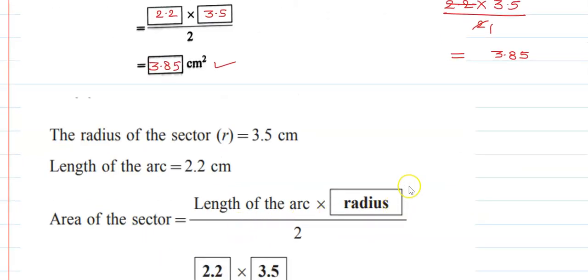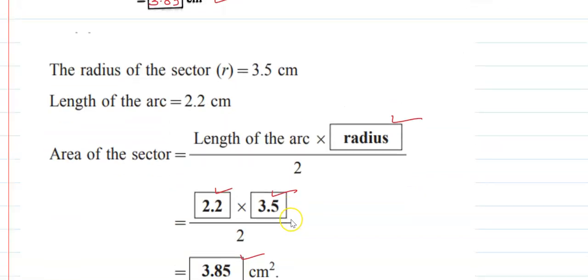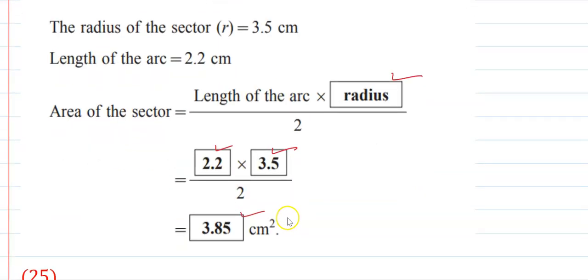Okay, same thing is here. This is the radius 2.2, 3.5, 3.85 centimeter square. In this way, we have completed this activity to find out the area of the sector.